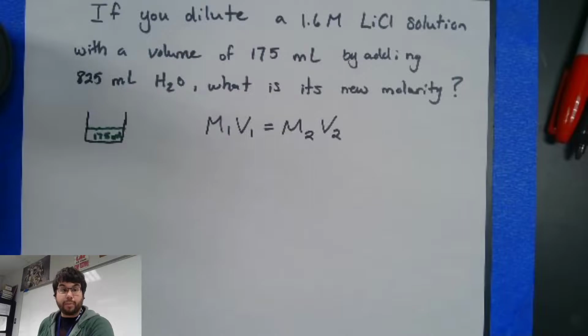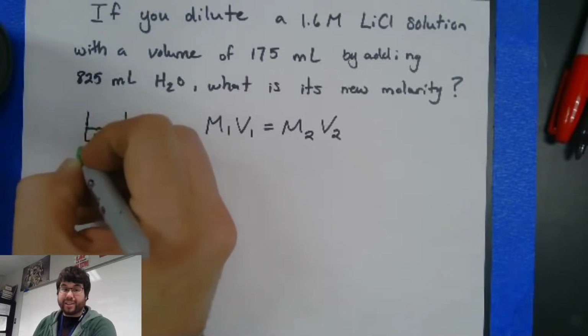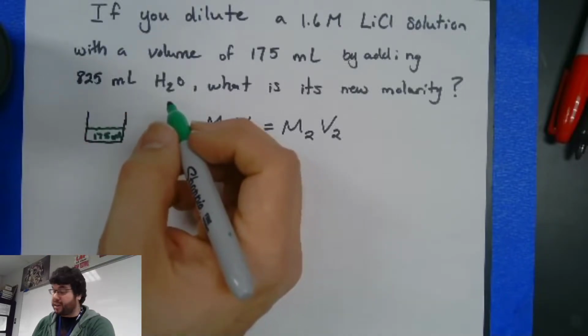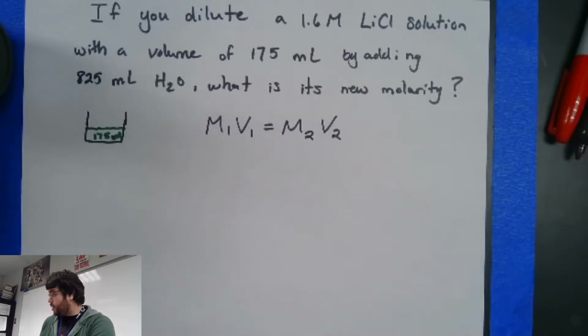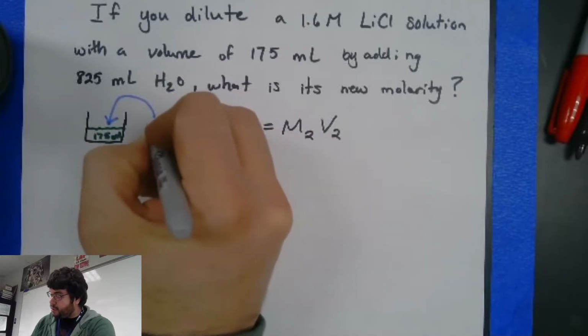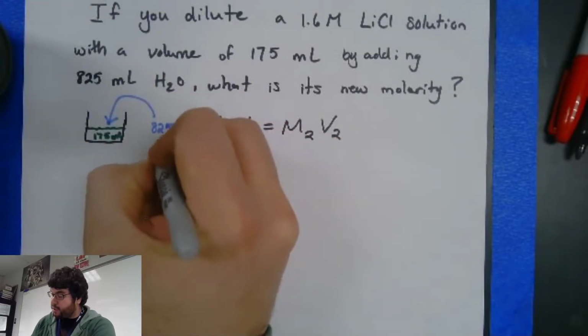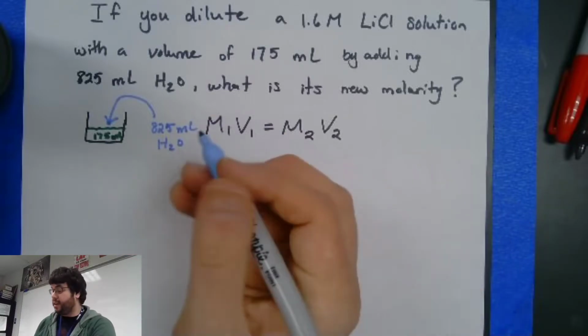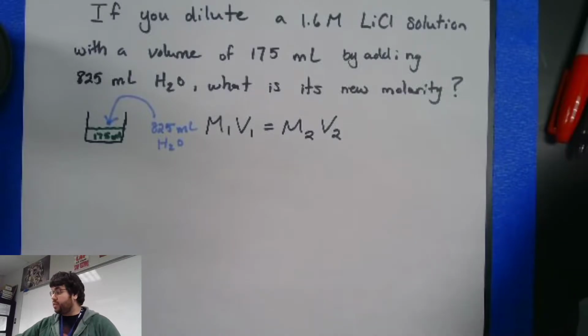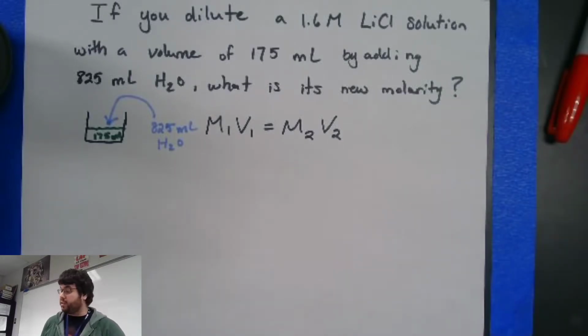It doesn't matter if it's lithium chloride, sodium chloride, sugar. Doesn't matter. That has no effect on the calculation. And then somebody goes ahead and adds a whole bunch of water. So they're going to add in 825 milliliters of water. So the solvent is water. And they want to know, after adding that 825 milliliters of water, what is the concentration of this lithium chloride solution?